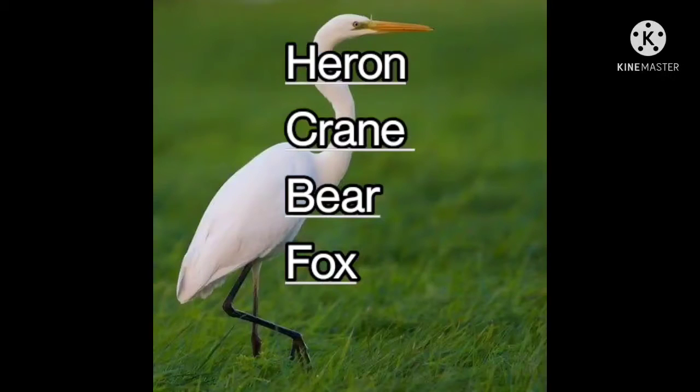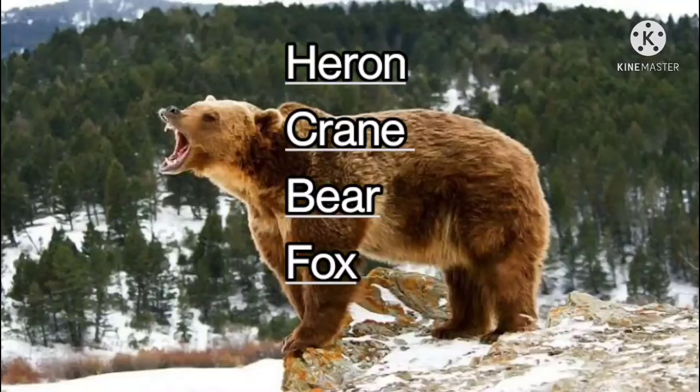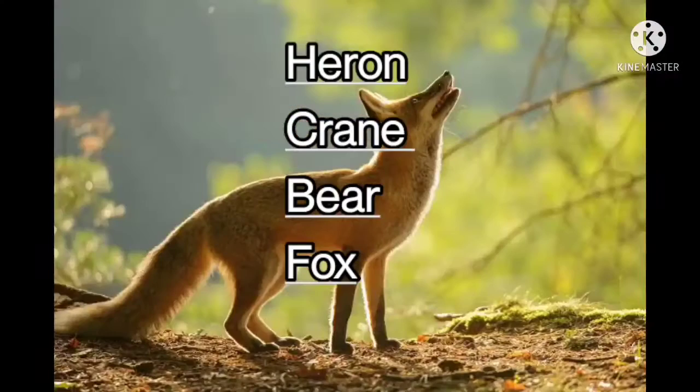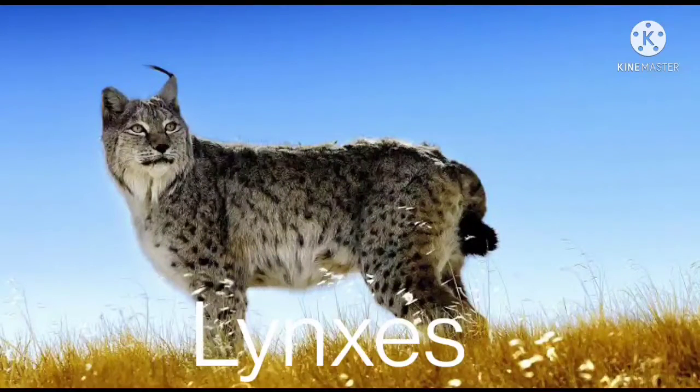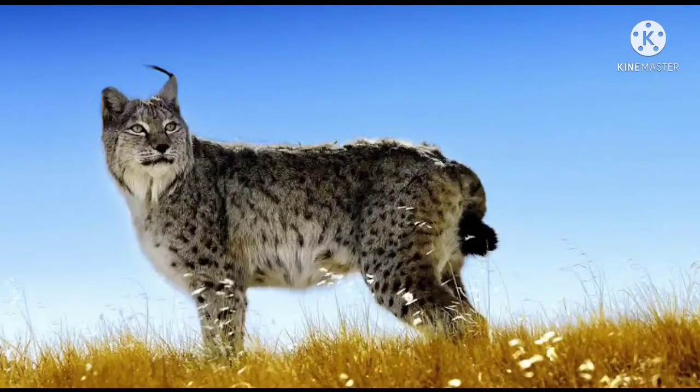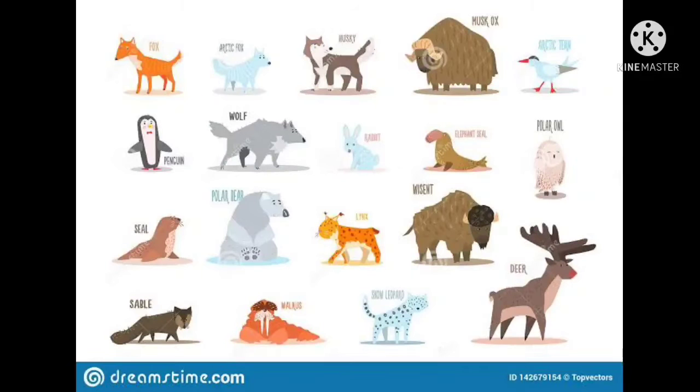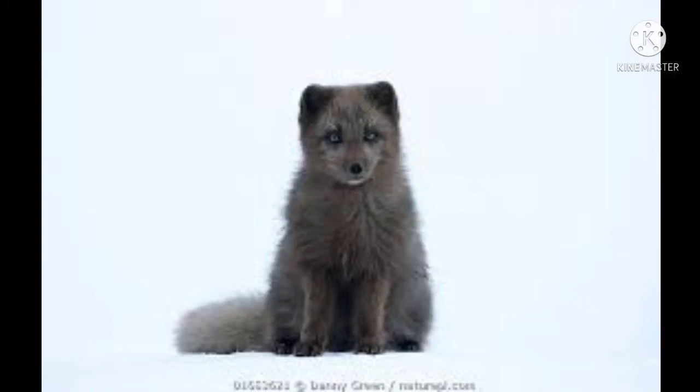Herons, cranes, bears, and foxes are found in the temperate areas. Fur-bearing animals like lynx, mink, sables, polar bears, musk oxen, and Arctic foxes are found in the taiga and tundra regions.